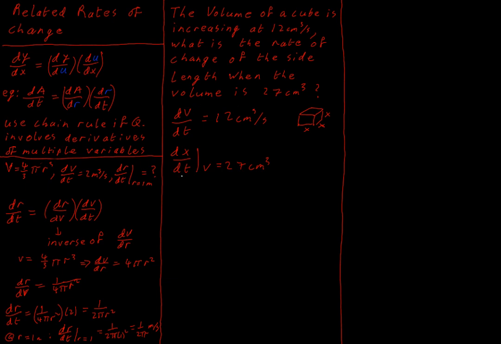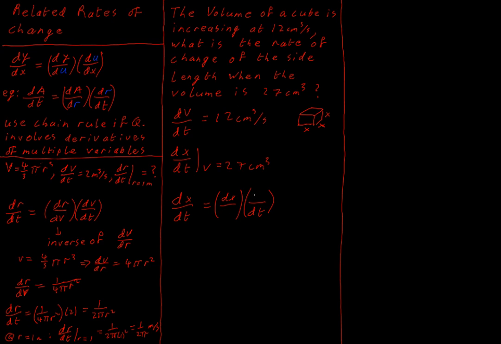So I want to know what dx/dt is. I'm going to say dx/dt, so that's going to be equal to dx/d-something times d-something/dt. That's how my chain rule is going to work.